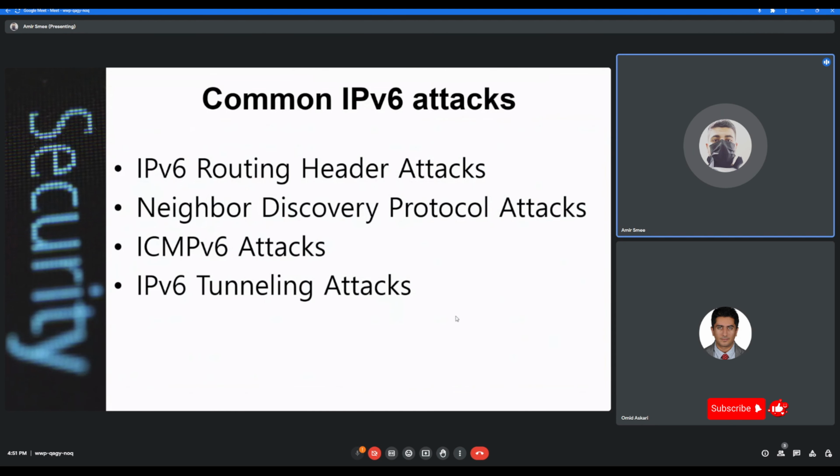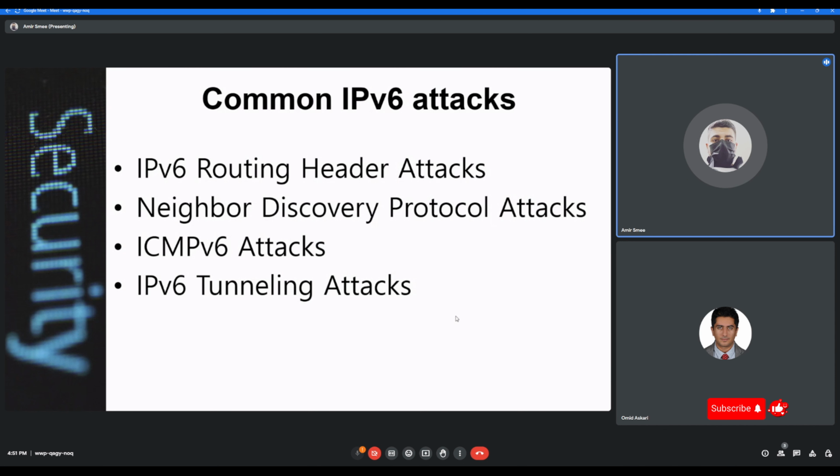Here are some common IPv6 attacks. At first, IPv6 routing header attacks. The IPv6 routing header can be exploited by an attacker to obfuscate their location, making it difficult to trace back. Neighbor Discovery Protocol attacks, or NDP attacks.